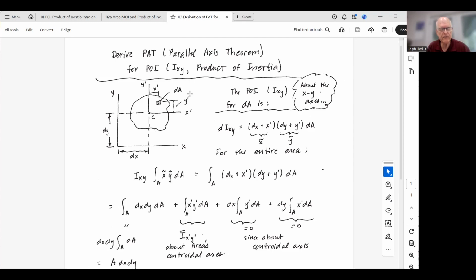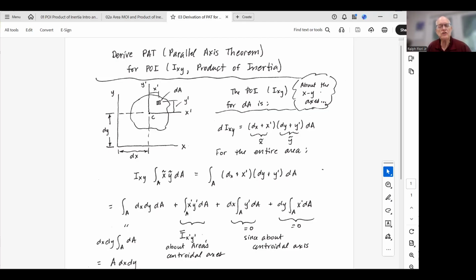I know we're using X prime and Y prime for everything. I apologize for that, but I think that's the way people do the derivation of this. dx is the distance from the y-axis to the y prime axis, and dy is the distance from the x-axis to the x prime axis.